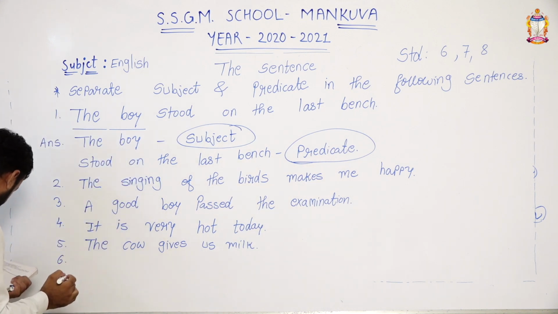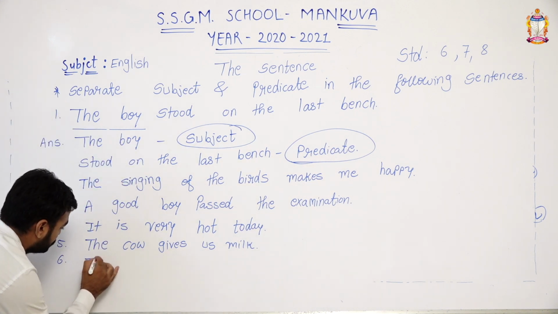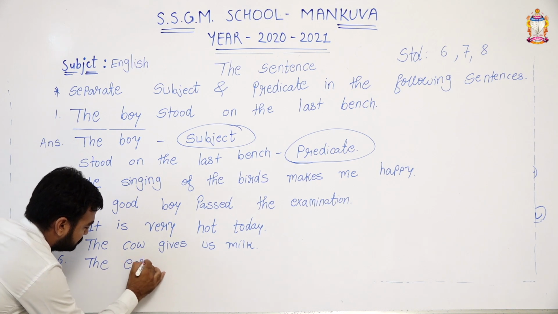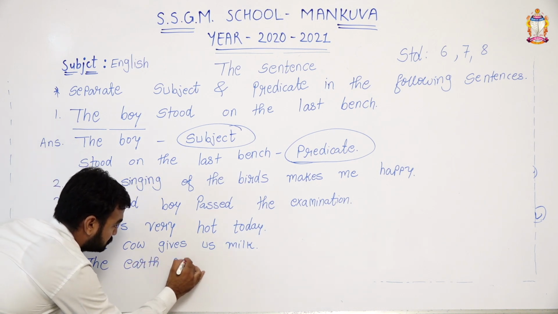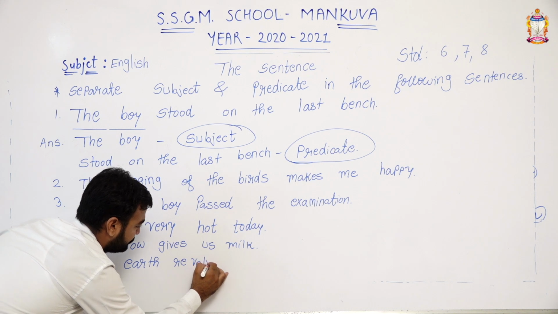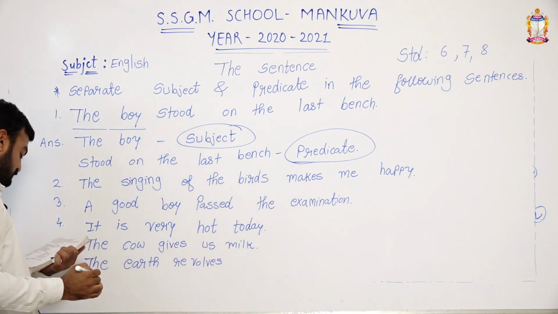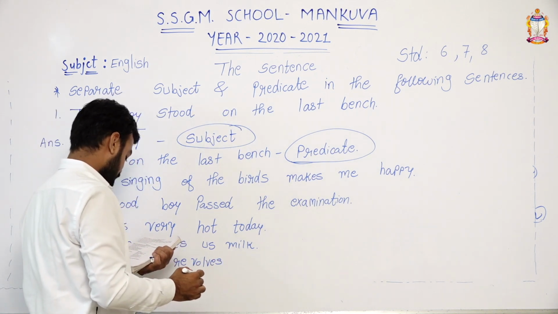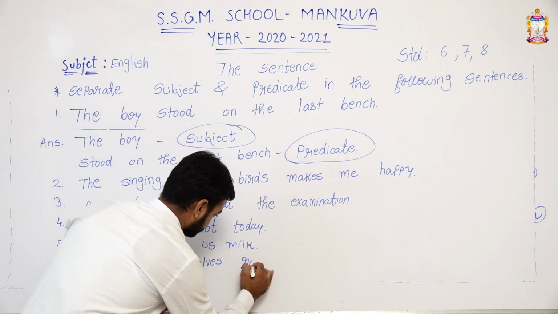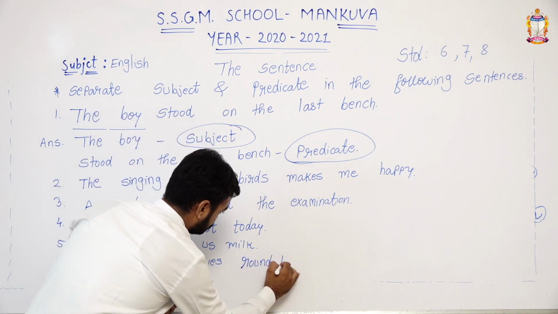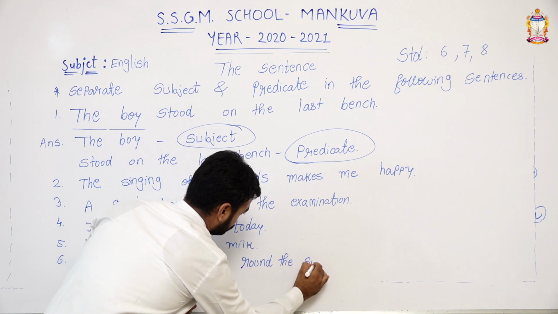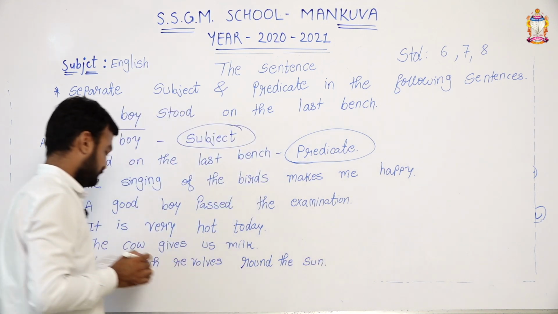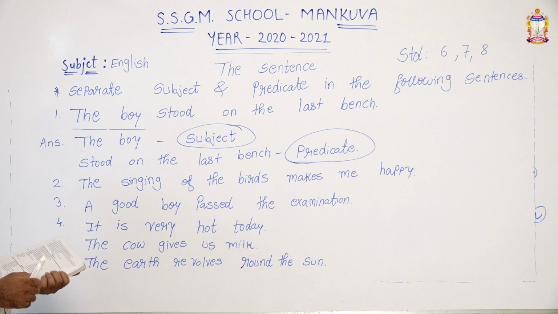Number 6, the earth revolves around the sun.